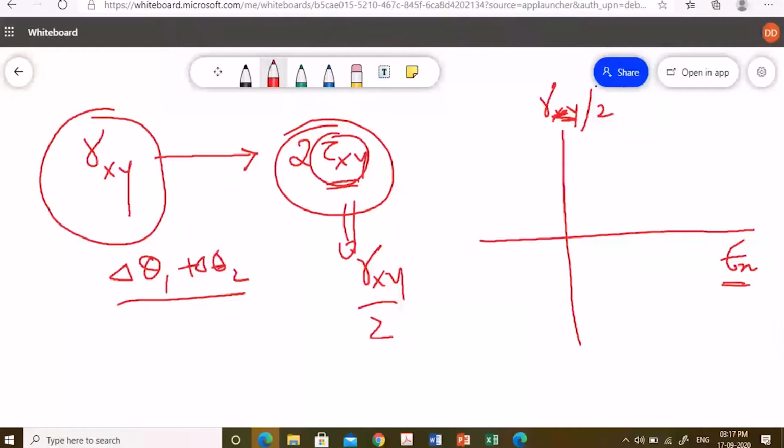Okay, even in each formula that I gave you, if you want to convert it into a strain formula, you can convert. Only thing you have to remember, it is gamma by 2.